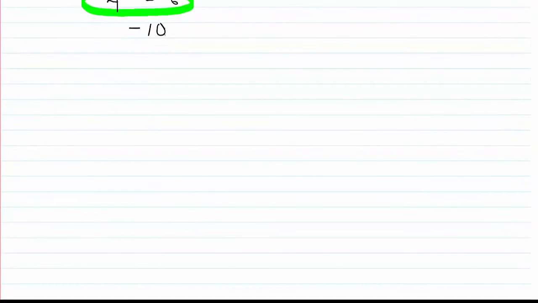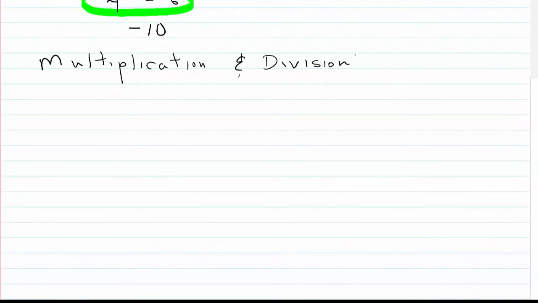We will now look at examples that contain multiplication and division. Okay, multiplication and division. Now, as you know from basic math, 2 times 3 is equal to 6.